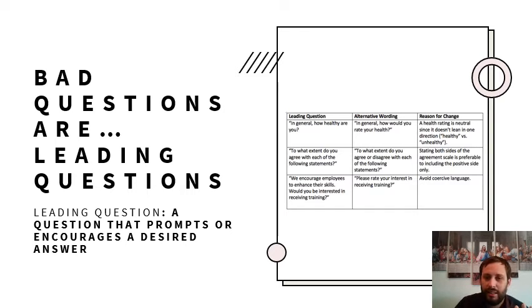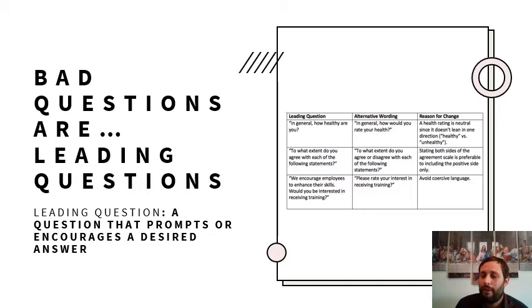And then lastly, this is probably the biggest leading question mistake you can make. Take this one, for example, where the question states, we encourage employees to enhance their skills. Would you be interested in receiving training? That's pretty interesting. You've started off the question by stating that employees are encouraged to enhance their skills, so you've already set an expectation of the reader.